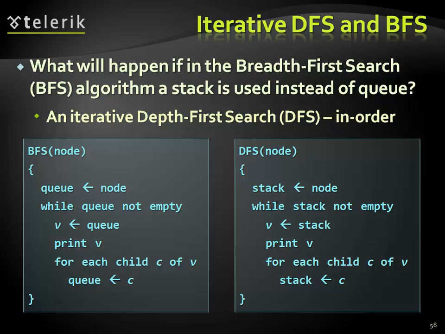If you do a breadth first search with a stack, it's actually a depth first search. So that's how you implement depth first search with a stack, without recursion, I mean. You just use a stack. You write a breadth first search, and you just change the data structure from queue to stack. You get depth first search. The other way around, you will get breadth first search.